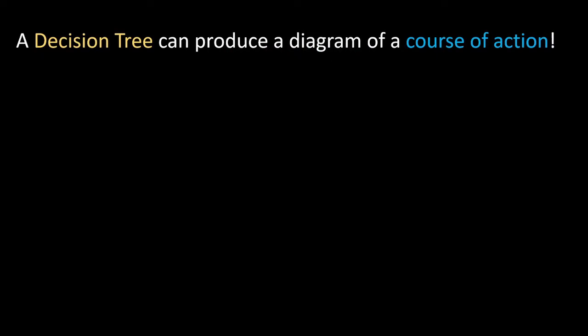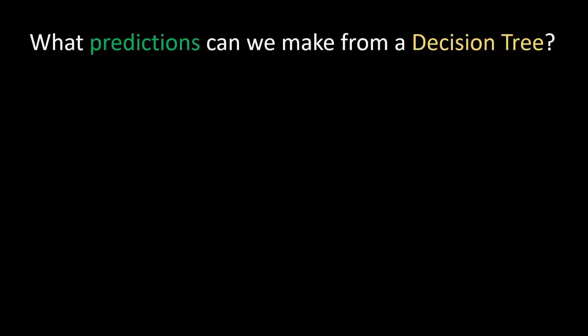A decision tree can produce some sort of a diagram of a course of action, or a decision that can be made. We use these decision trees because we want to make predictions, but what predictions can we make with this decision tree? We've got two scenarios.